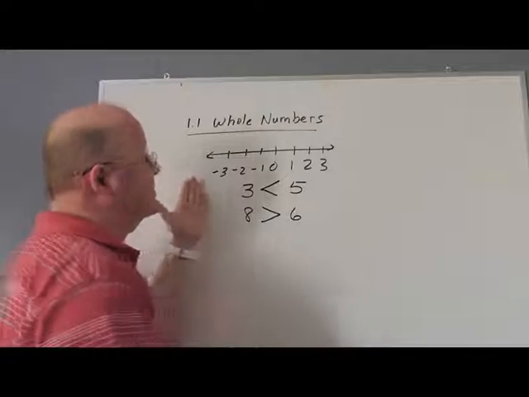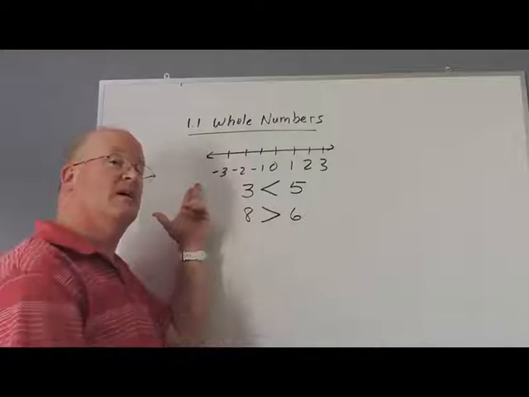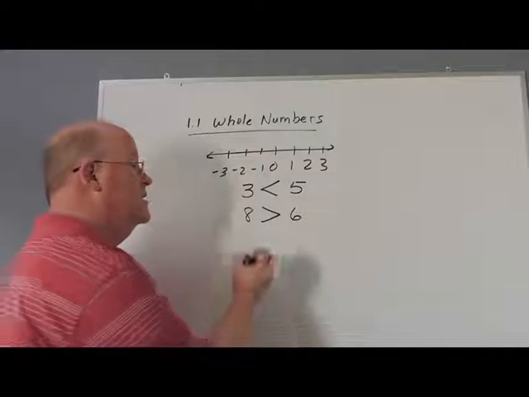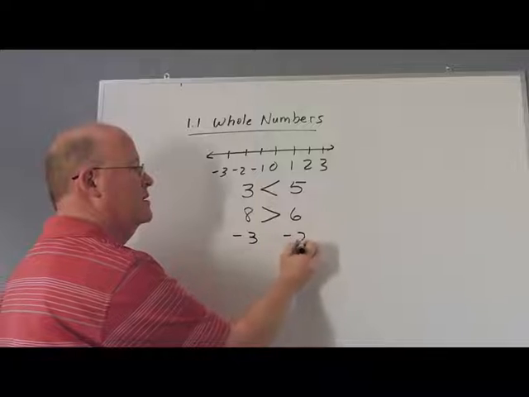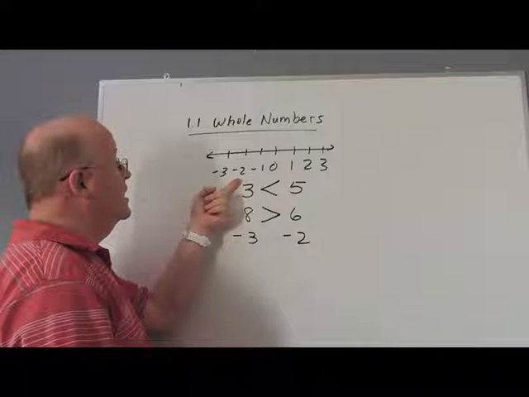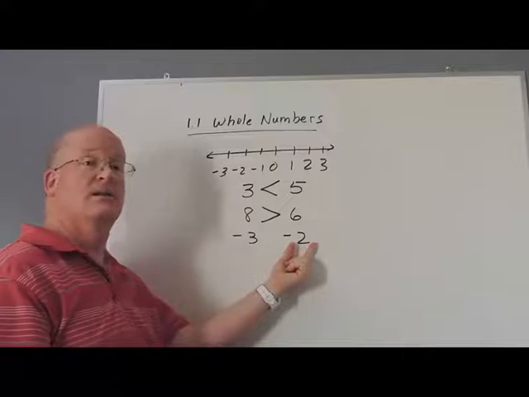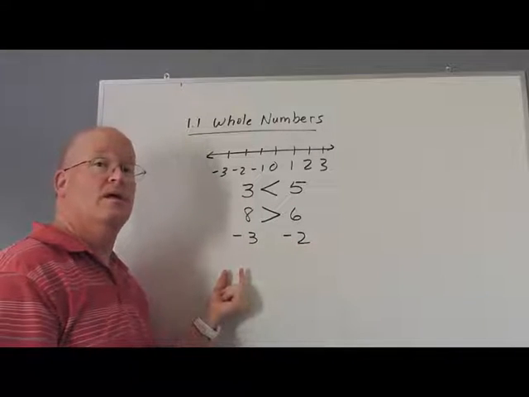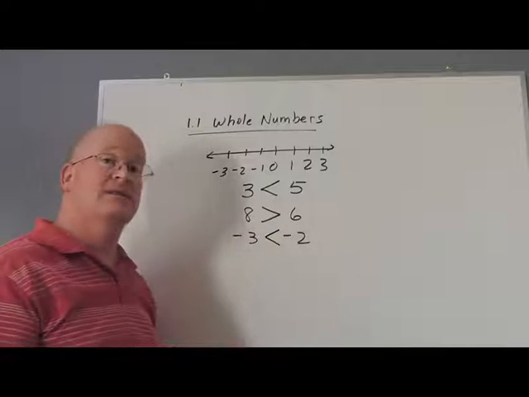Now you've got to be careful when it comes to the negative numbers over on the left, something we're really not going to deal with till later in the class, but when you're comparing something like -3 and -2, notice how -2 is larger than -3. You'd rather only be in debt $2 to someone than $3 to someone. So we would write -3 is less than -2.